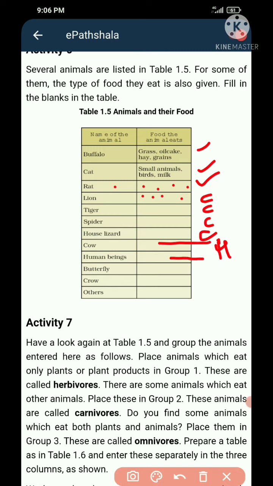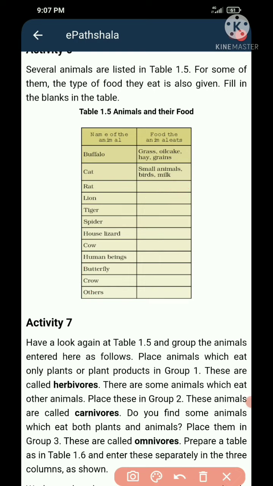Human being is omnivorous. Butterfly eats small insects and fruits also, so we can put it in omnivorous. Crow is omnivorous. Others, we can take other examples of animals.